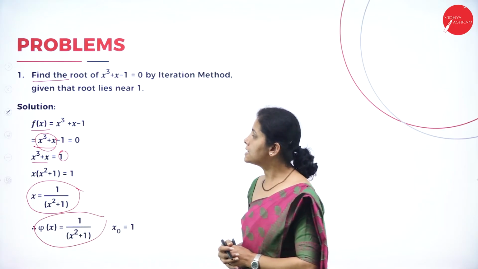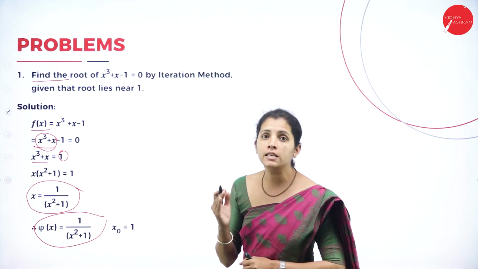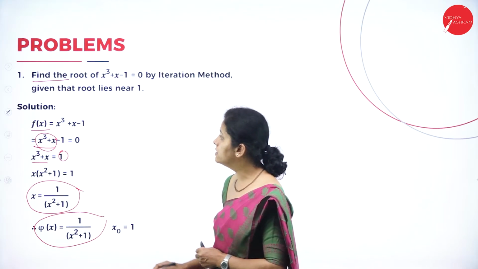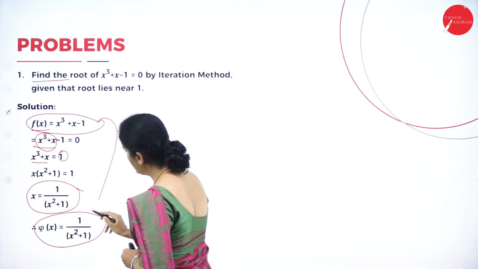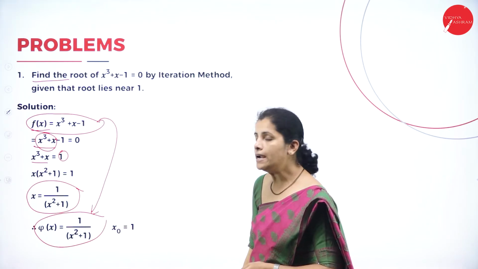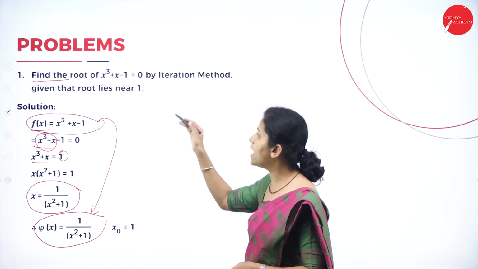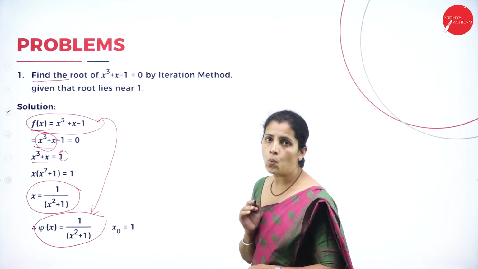That means, as I discussed, the same f of x can be rewritten in the form of pi of x. And what is x naught? In the question, they mentioned that the root lies nearer to 1.